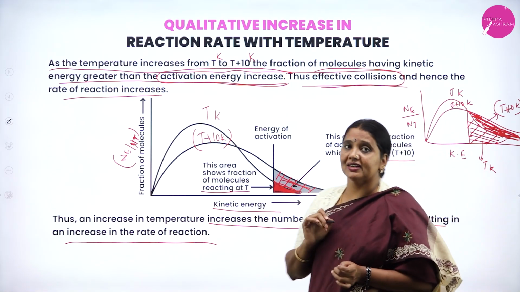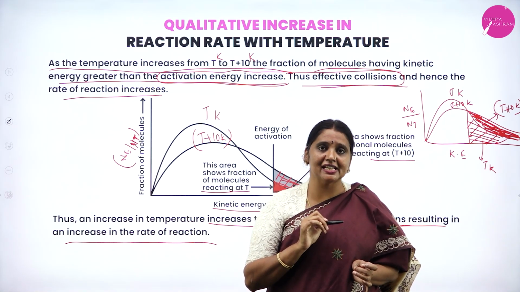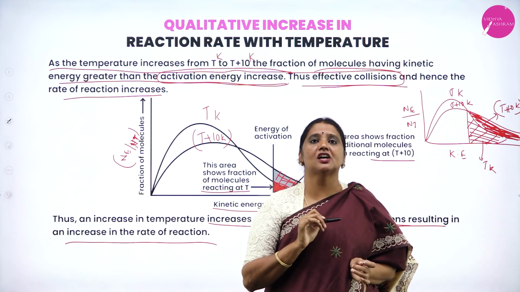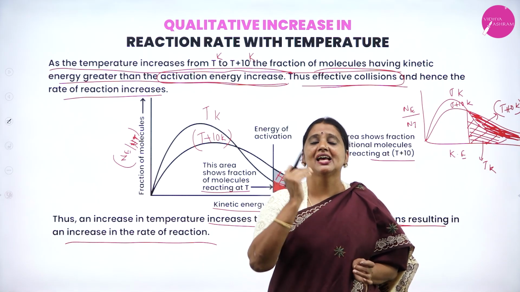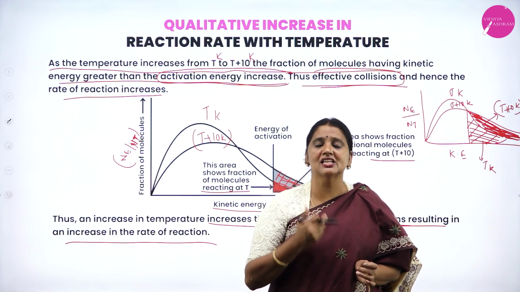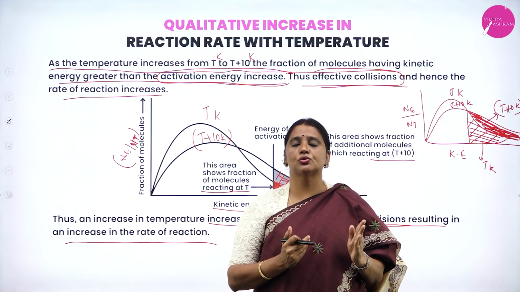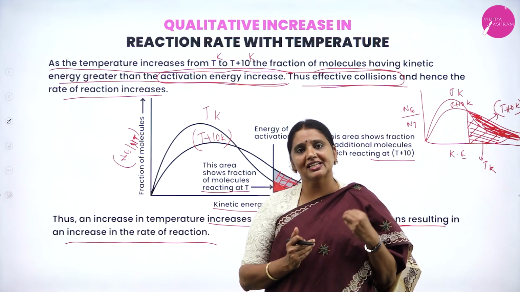As the number of activated molecules gets doubled, the number of effective collisions also increases, as well as the velocity. Therefore, for every rise of 10 degrees centigrade, the number of activated molecules increases, and therefore its velocity also increases. So for every rise of 10 degrees centigrade, the rate gets doubled.